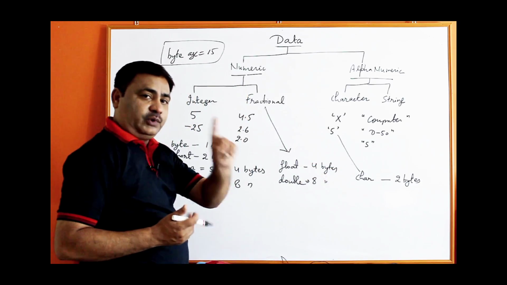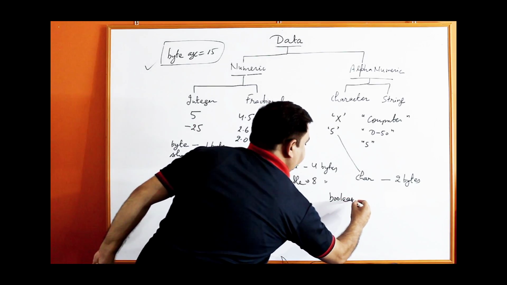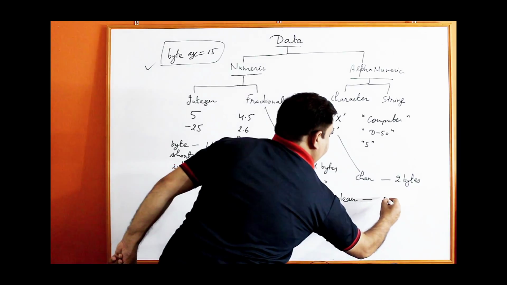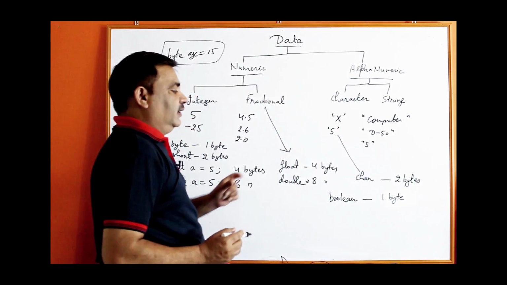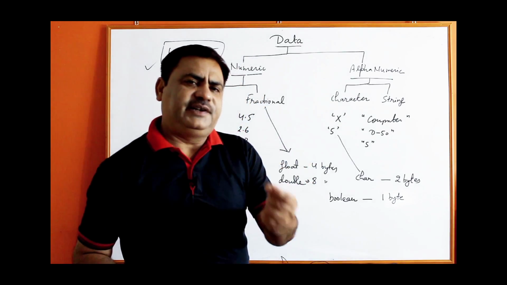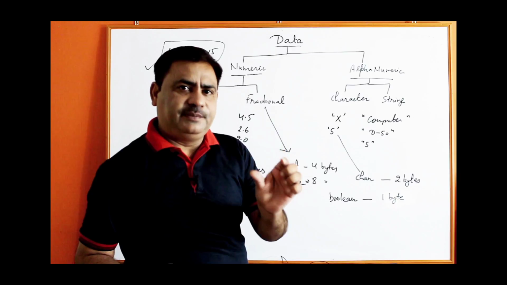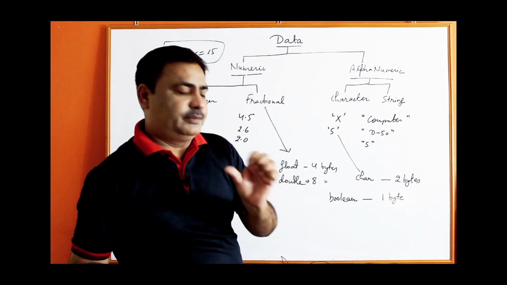Other than this, one more data type is provided by Java, that is boolean. One boolean variable occupies 1 byte. Even 1 bit out of the 8 bits in a byte is enough, but the minimum memory is 1 byte, as memory is measured in bytes.